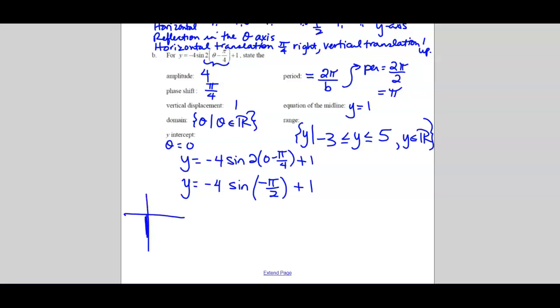Negative pi over 2 is here, coterminal to that. So from here to here, that's your negative pi over 2. That point on the unit circle is 0, negative 1. So your sine of negative pi over 2 is negative 1. So your y-intercept is 5.